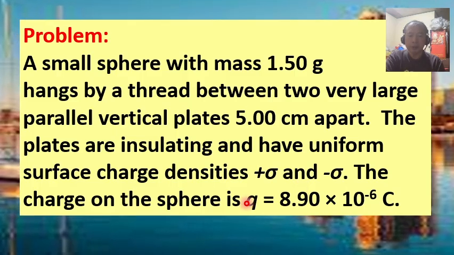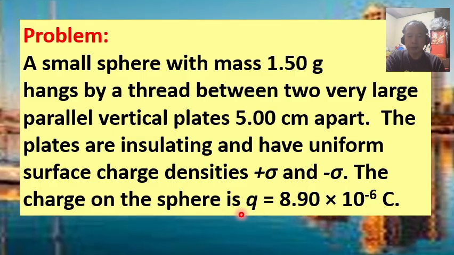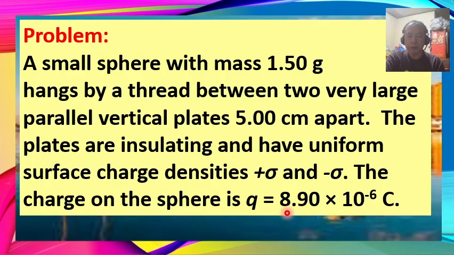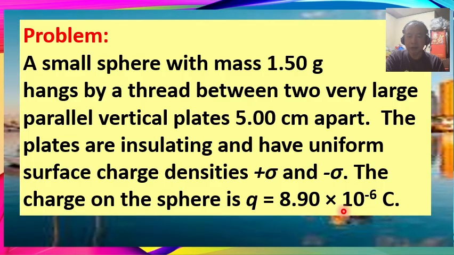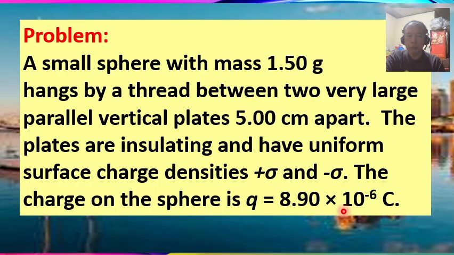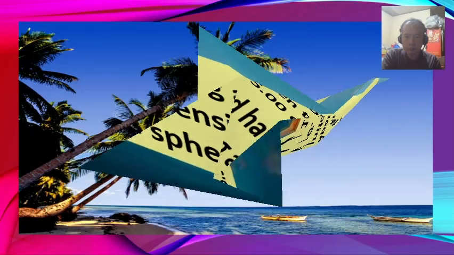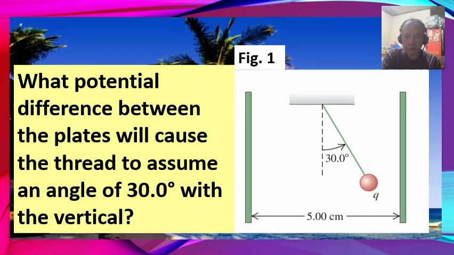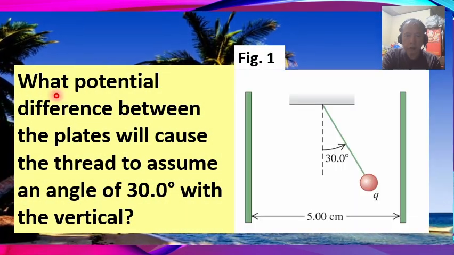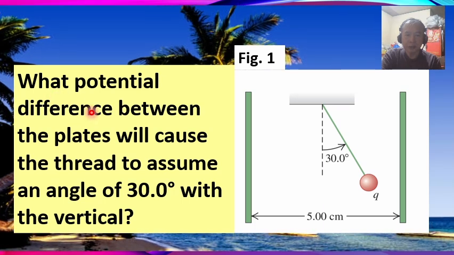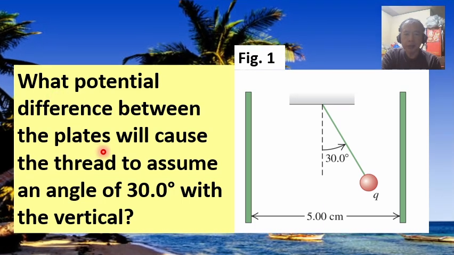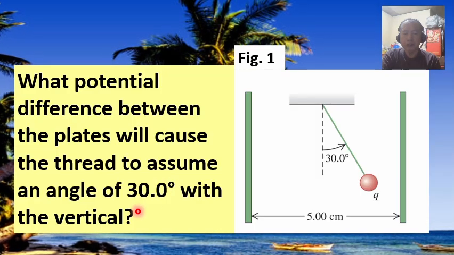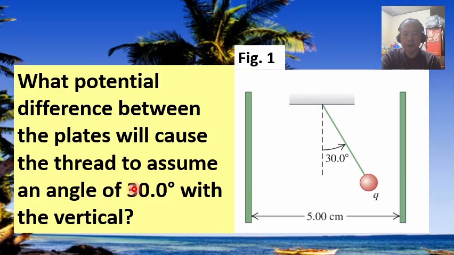The charge on the sphere, denoted by small letter q, is equal to 8.90 times 10 raised to the negative 6 coulomb. What potential difference or voltage between the plates will cause the thread to assume an angle of 30.0 degrees with the vertical?